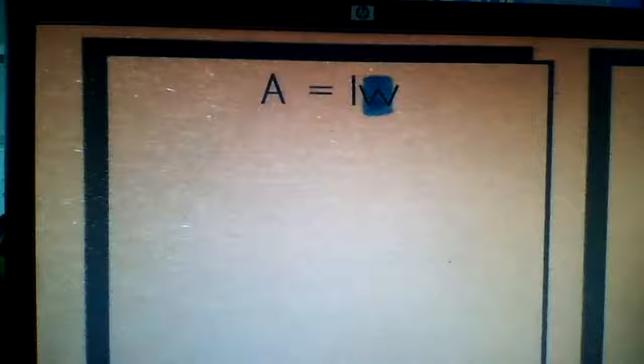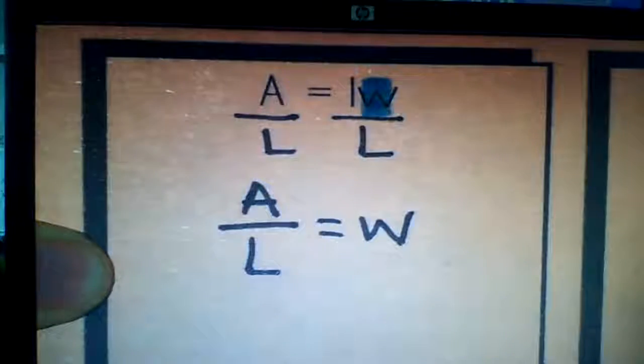Okay, so I need to divide. Remember, what I do to one side, I do to the other. So, area divided by length equals width. Actually, let's make that a capital L.